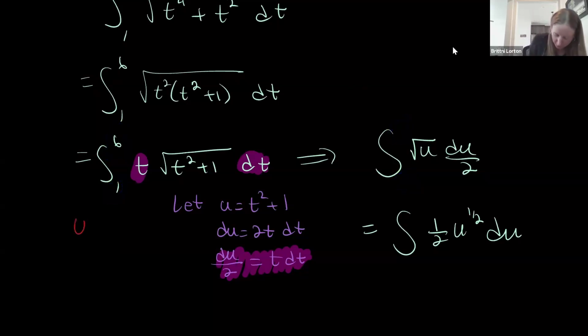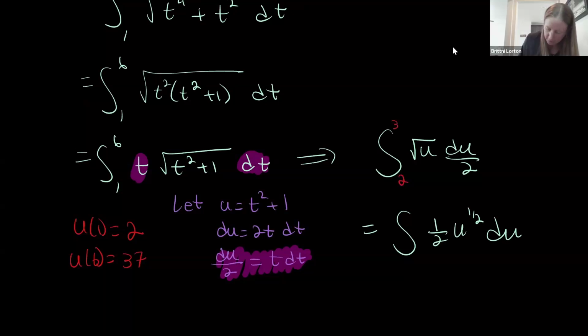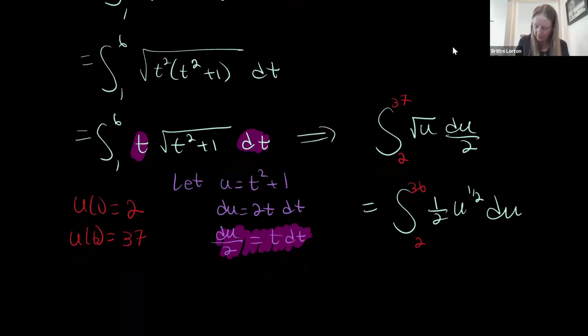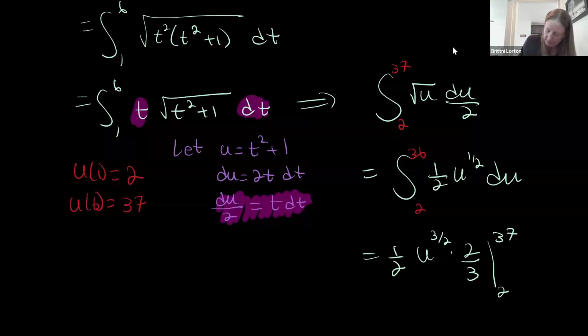So my old bounds were 1 and 6. If I plug 1 into u equals t squared plus 1, I get 1 squared plus 1, which is 2. If I plug in 6, I get 6 squared plus 1, which is 37. So my new bounds are from 2 to 37. And then we're almost there. So that's going to become 1/2, add 1 to the power, and I get 3/2, divided by the new power, evaluated from 2 to 37.